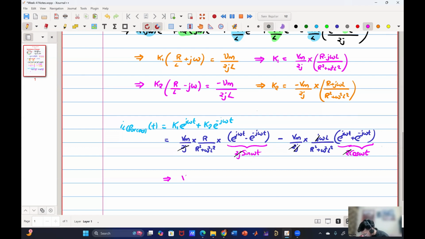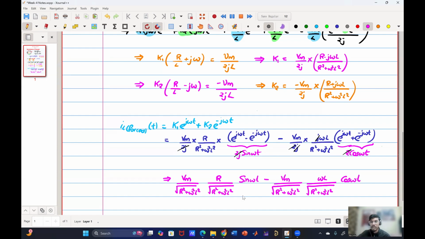So I'll write Vm by square root of R square plus omega square L square into R by square root of R square plus omega square L square into sin omega t minus Vm by square root of R square plus omega square L square into omega L by square root of R square plus omega square L square into cos omega t.